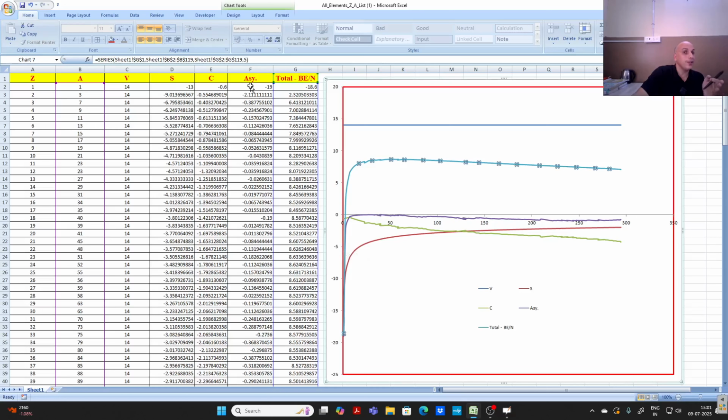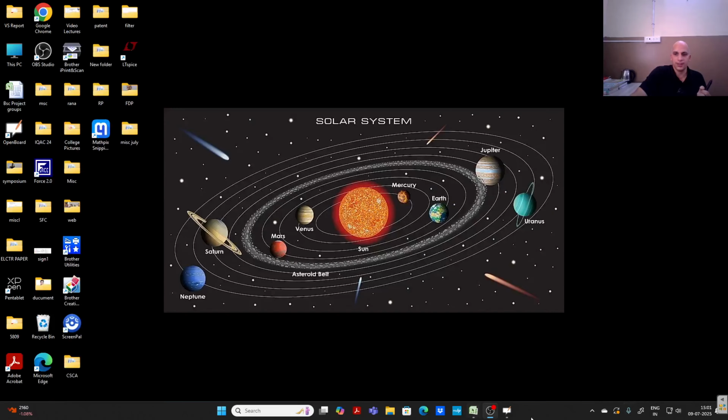Why? Because we are ignoring one energy term, that is the pairing energy term, because it is difficult to take that into consideration in this graph because it is positive, negative, as well as 0 for different nuclei. But this entire discussion is enough to understand how the binding energy of the different nuclei changes with the mass number, or what is the role of these different terms in this entire discussion, right?